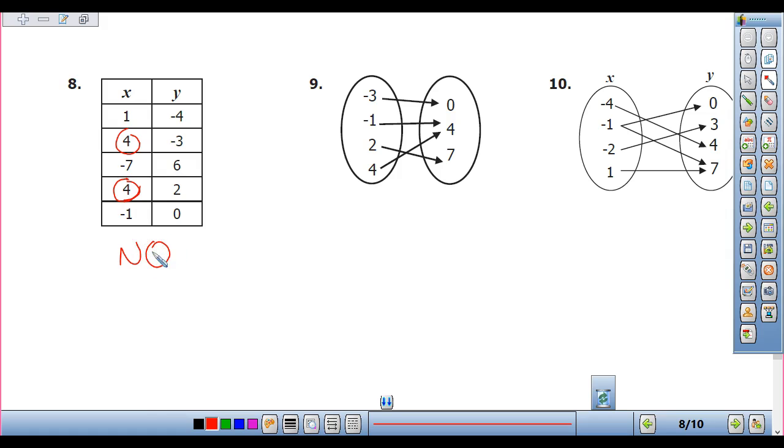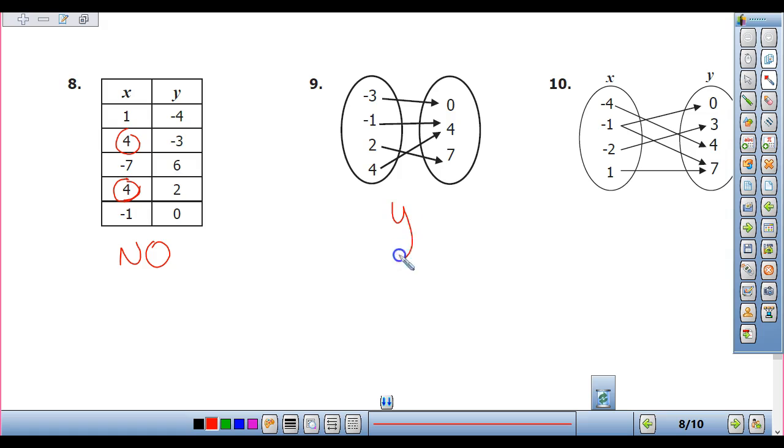Alright, so if we're looking at our mapping, I've got negative 3 goes to 0, negative 1 goes to 4, 2 goes to 7, and 4 goes to 4. Basically, if I'm looking at my x's, does any number have 2 lines or 2 arrows going off of it? So is it a function?